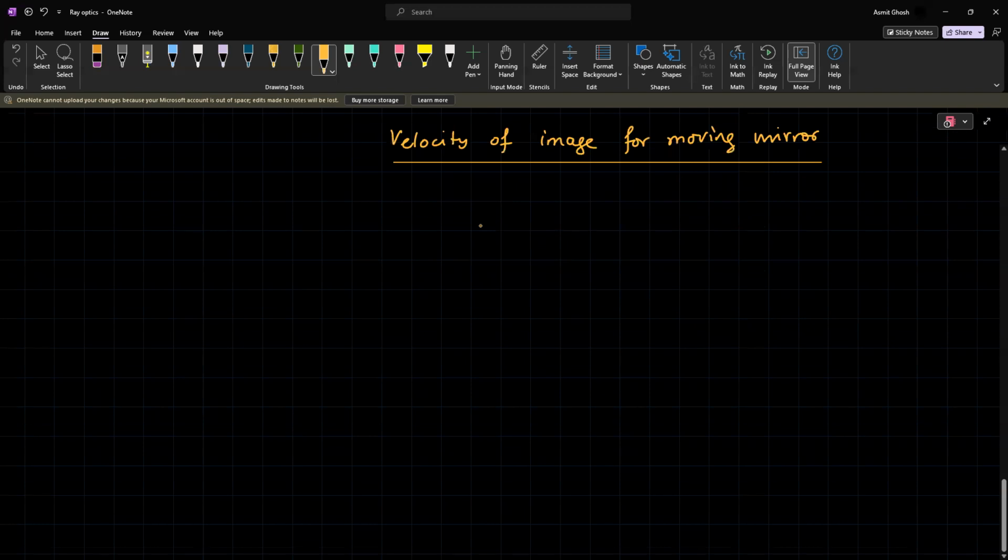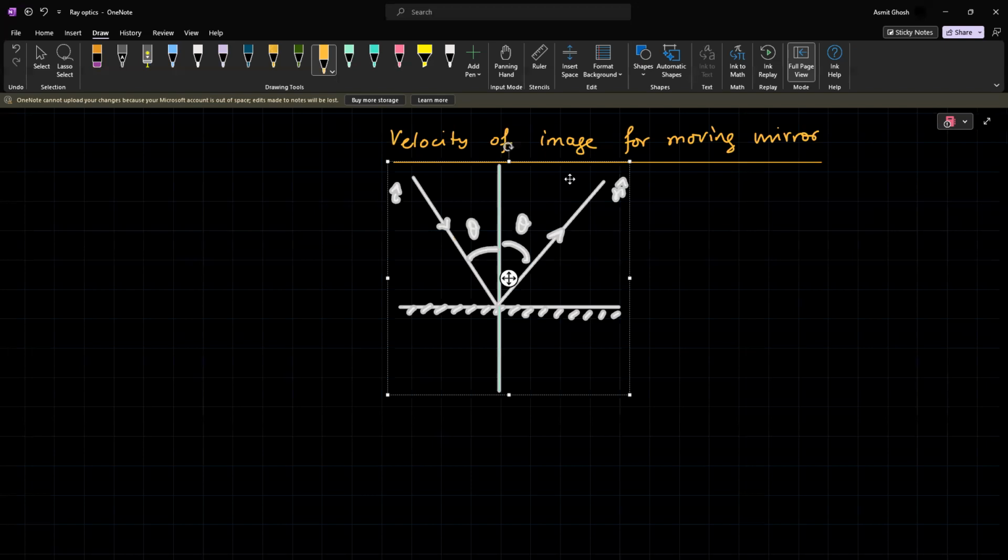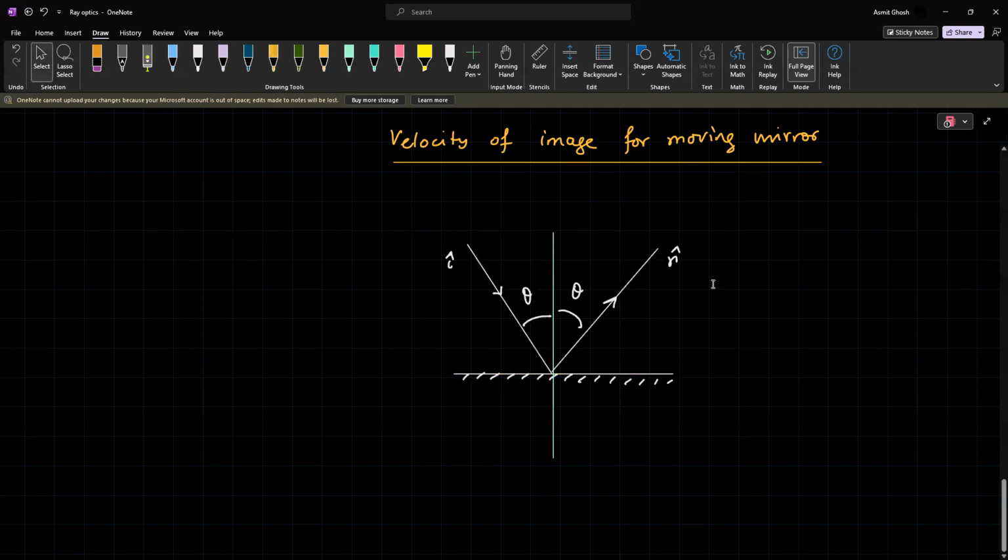Okay. So let me say that I have this same case, or this original case.